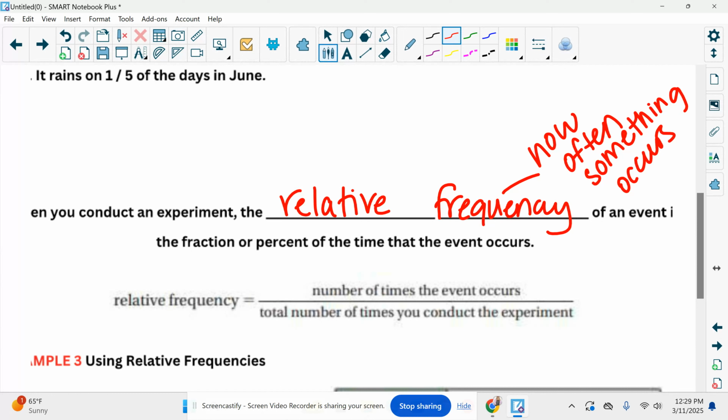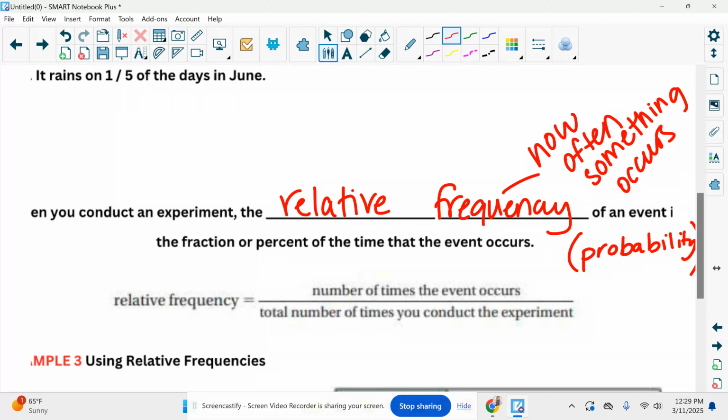Basically, relative frequency is probability. It's the same thing. Probability. Okay? I think I spelled that right.